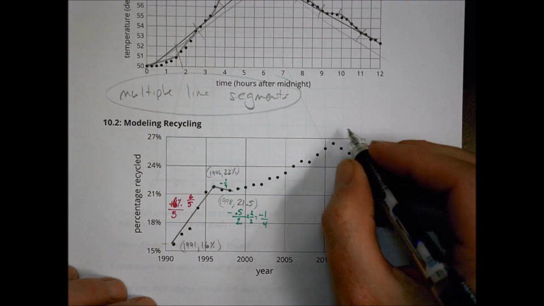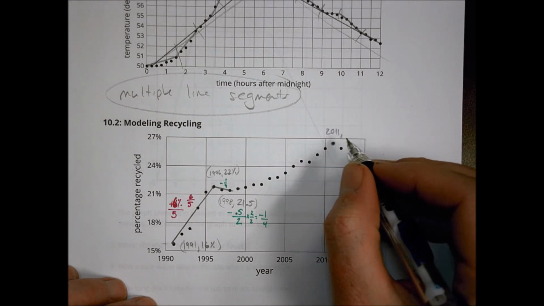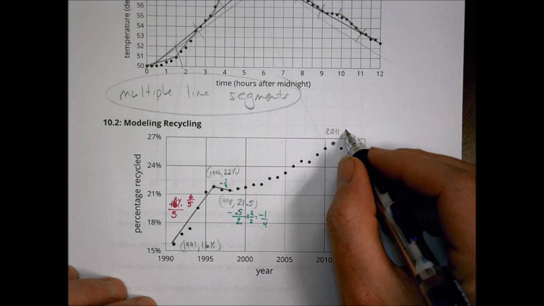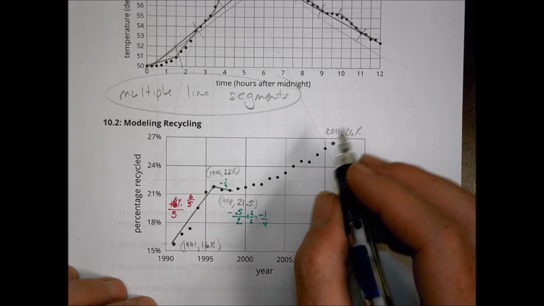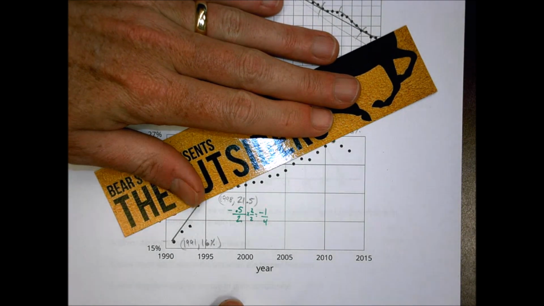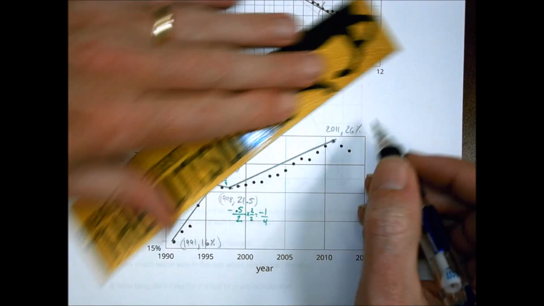My next point that I plotted was over here at 2011, and that was at about 26%, just approximating what that might be. If I made a line segment from here to here, it would look something like this, right?